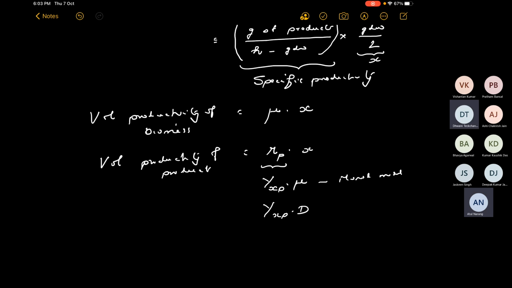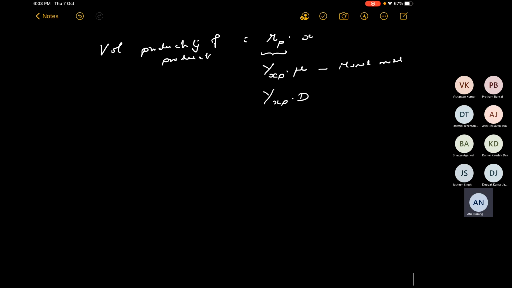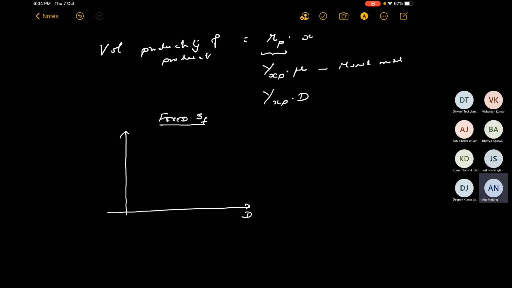So let me push this a little bit further. This is all there in the paper that you've been asked to read. First of all, if you plot DX, when you run an experiment it'll give you X versus D, keeping feed concentration fixed. So in a chemostat, if you collect data as a function of D, at a fixed feed concentration SF, you get some concentrations.